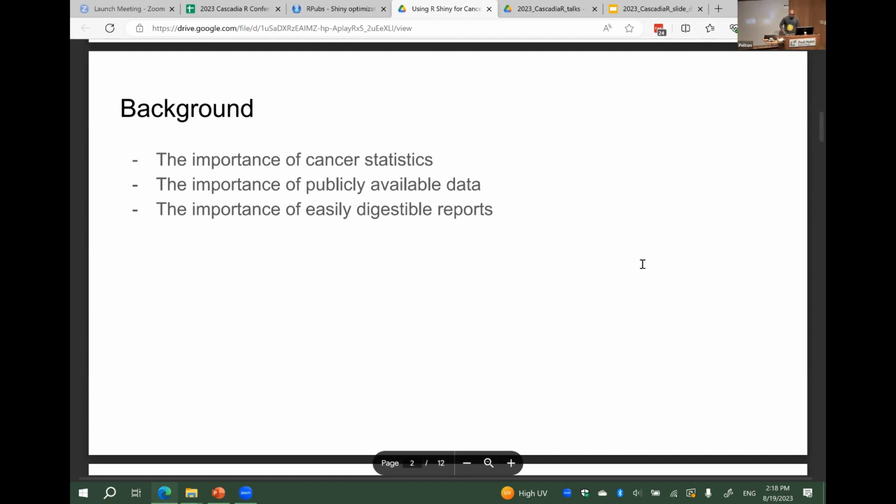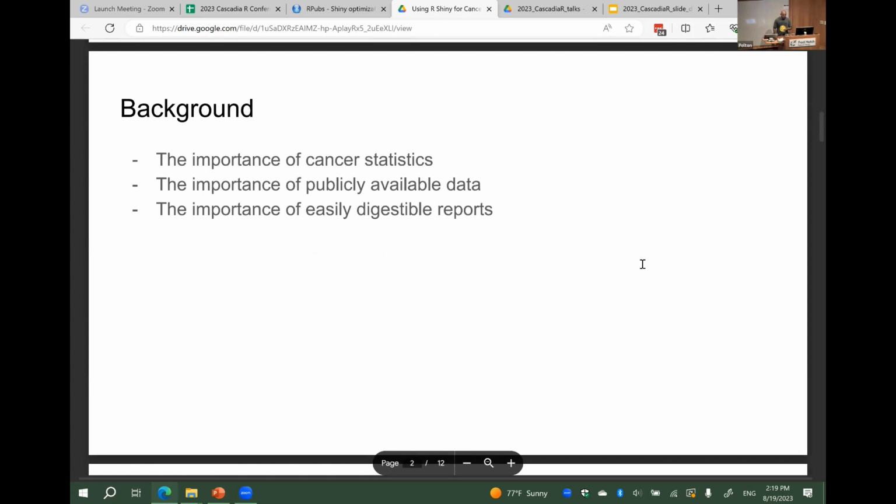Okay, so before we get into the Shiny or anything else, just a quick background: why do we need these dashboards for cancer surveillance? First of all, it is really important not only for researchers to have access to the data for cancer statistics, but also for the public to see where the current state of healthcare is with respect to cancer care.